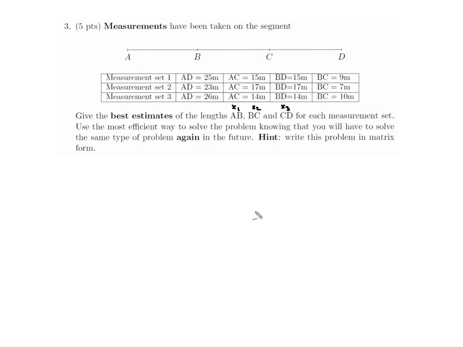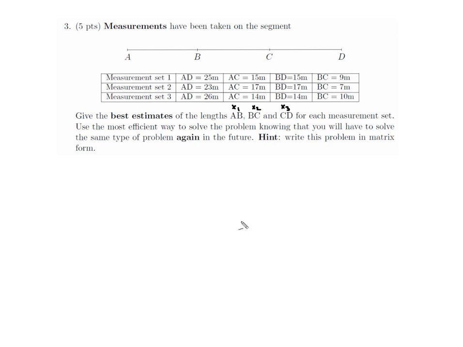And you have to do this in the most efficient way, because you'll have to solve that type of problem many times, right? So the hint is that you have to write this problem in matrix form, and you can already see from the words best estimate, and the fact that you have to estimate 3 variables from 4 measurements, that this is a least squares type problem, right?